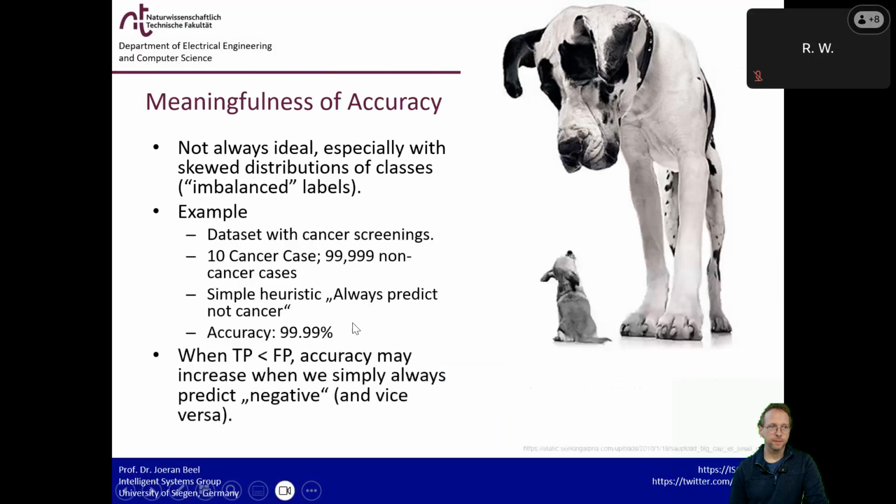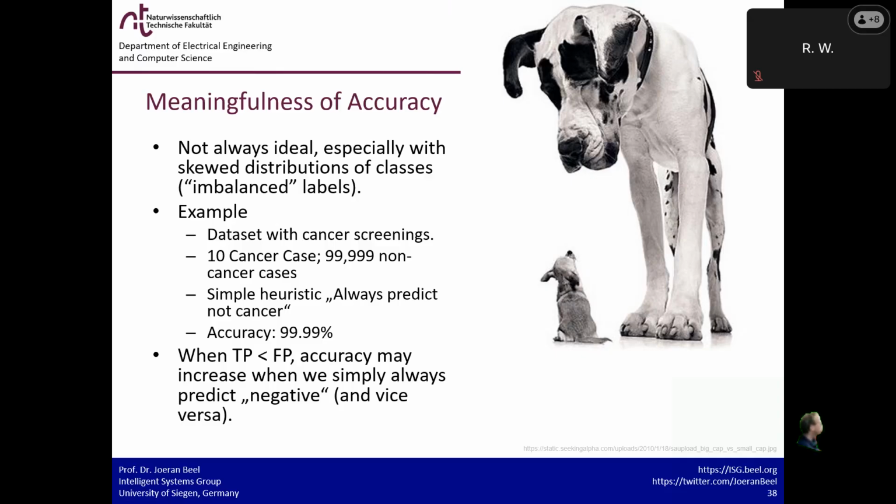Did we talk about that already? That accuracy is not always a very meaningful metric. If the data set is highly imbalanced, then accuracy can give you a very incorrect or biased impression. If you have an algorithm that classifies cancer cases, and in your data set only 1% or even less of the patients have cancer, then you can get an accuracy of 99% if you always predict the patient has no cancer.